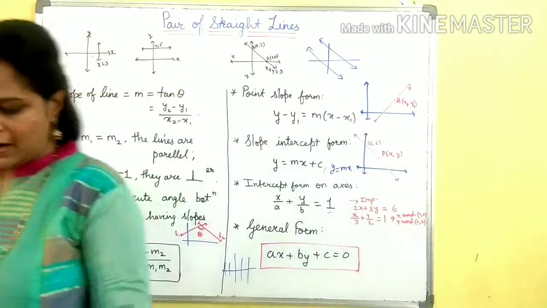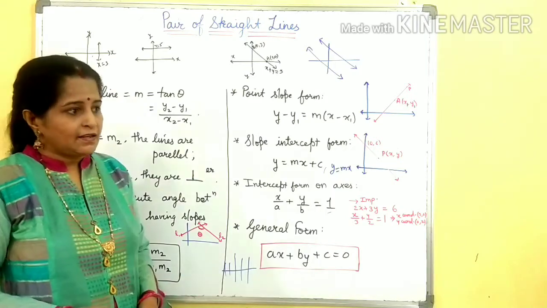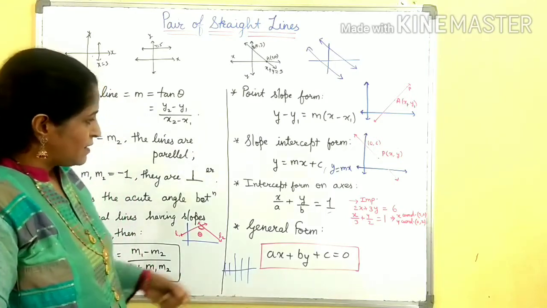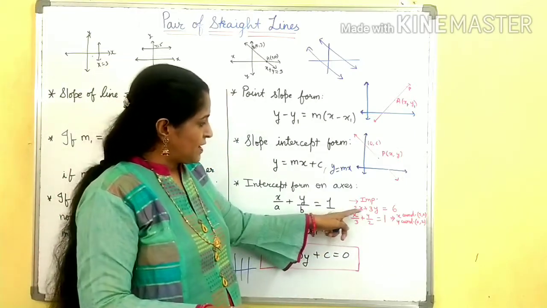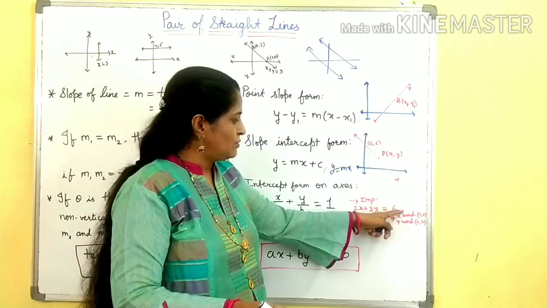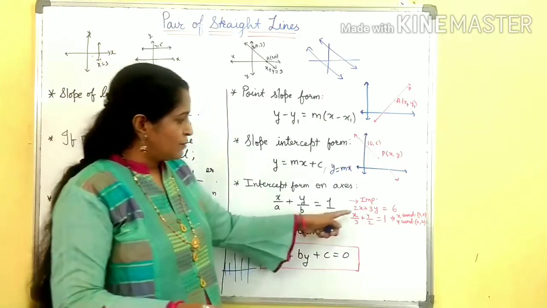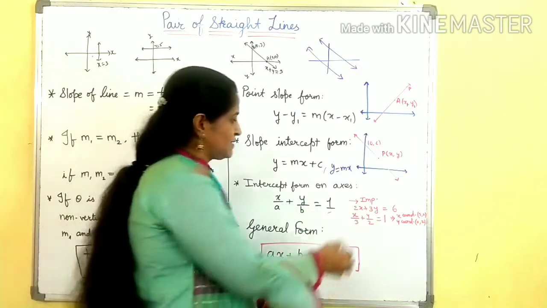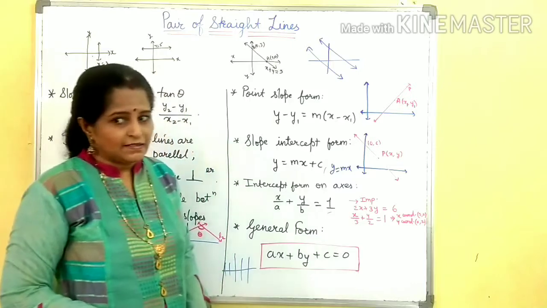You have to find the coordinates on the x and y axes for any equation of a line. Here I solve one example: 2x plus 3y is equal to 6. This is your equation of a line, and it again passes through the x axis and y axis.